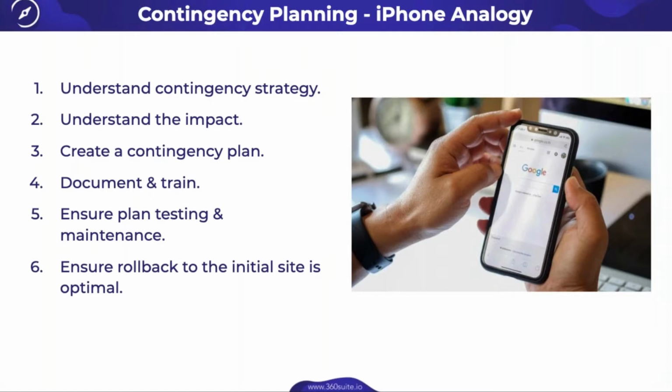Ensure that the plan has been tested and that you have a maintenance process that follows that plan. And ensure rollback to the initial site is optimal. You can roll back to a different set of servers, but it's not supported and it creates a lot more problems than you need to get into. So if you can restore to the servers where it was initially installed, it will make your life a lot easier. Bruno, anything to add on that?